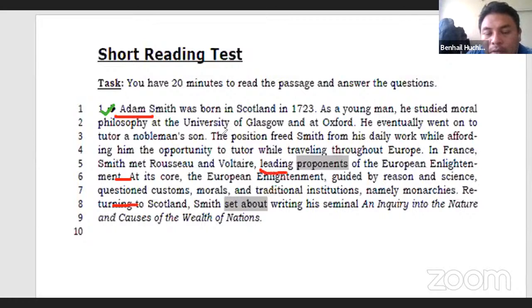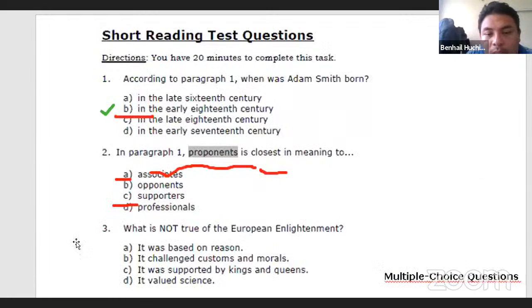Here in France, Smith met Rousseau and Voltaire, leading proponents. So Rousseau and Voltaire were leading these kind of people of the European Enlightenment. The correct answer is the letter C, proponents.